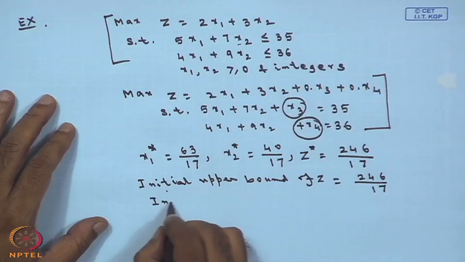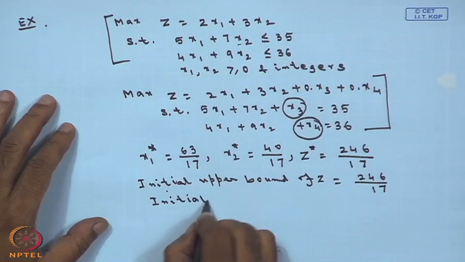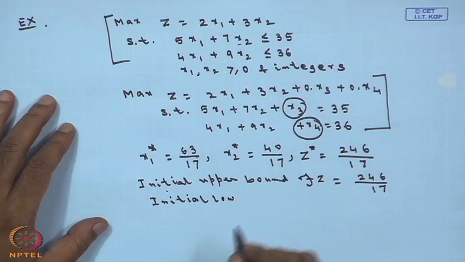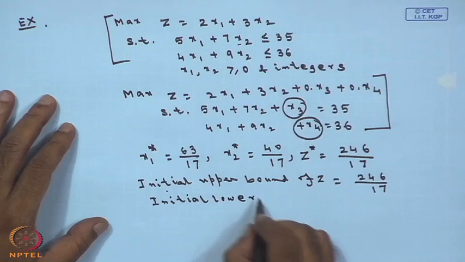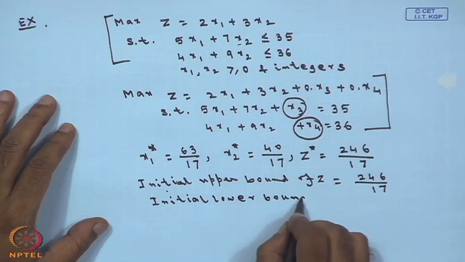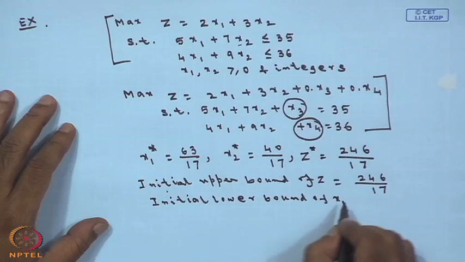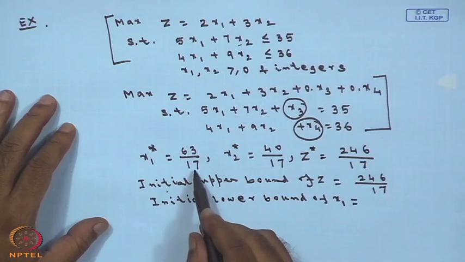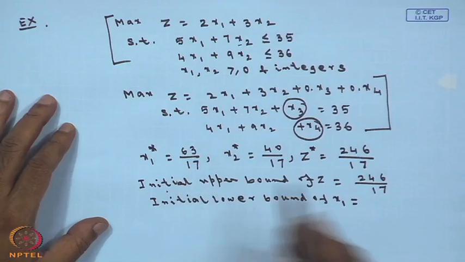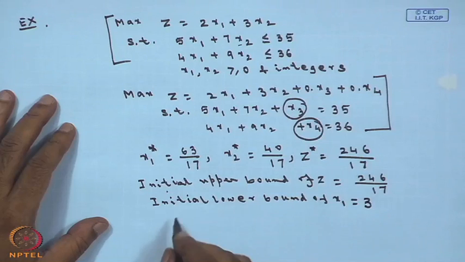What is the initial lower bound of x1? This is 63 by 17. So, the fraction will come, 3 plus some fraction. So, the lower bound of x1 is 3.